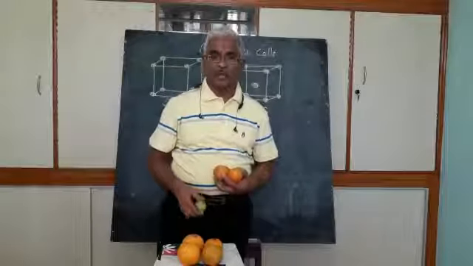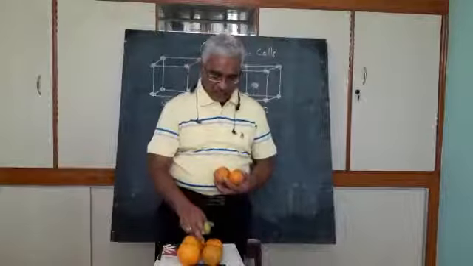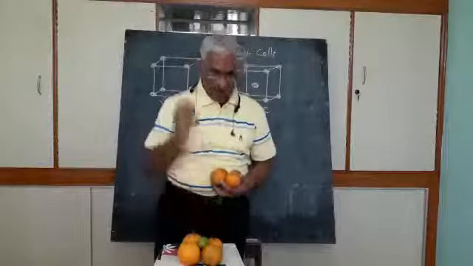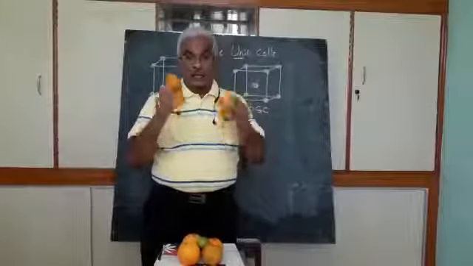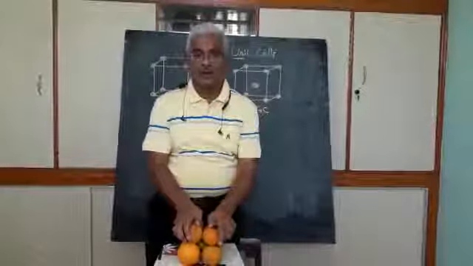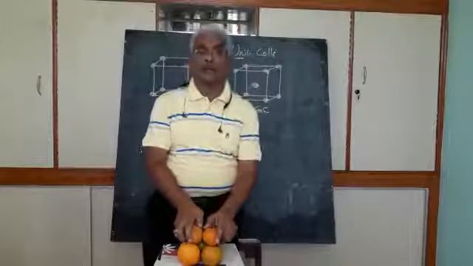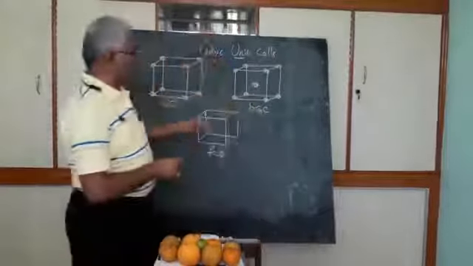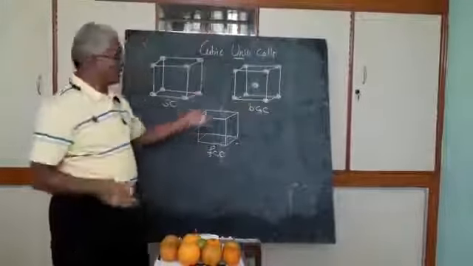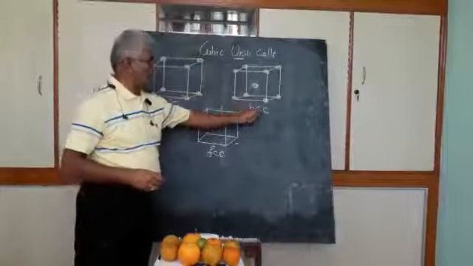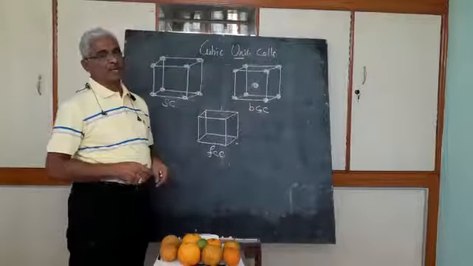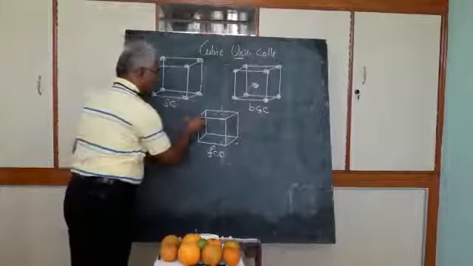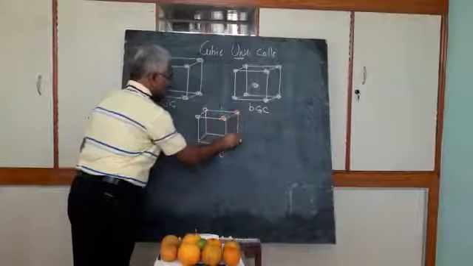It's a square, and if I arrange the 4 atoms, a hole is produced. So I keep another atom here, and the other 4 atoms like this. Where the small atom is situated, it is in the body center. So in the board, I can represent only like this. This is called the body centered cubic.